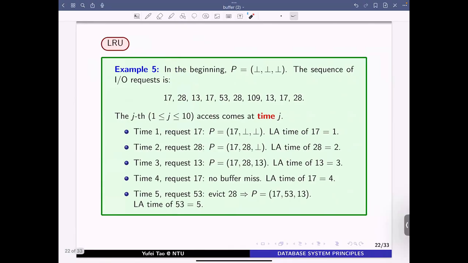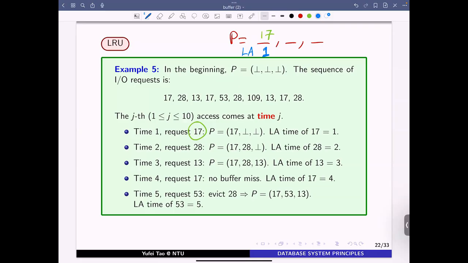All right, so let's apply this algorithm on the same sequence again. We've got 3 slots. Time number 1 is 17. That's a miss, so 17 goes into our pool, and we have to record the last access time. This is the current time, so the LA time is 1, because 17 is needed right now.